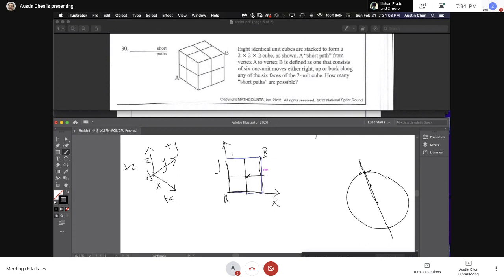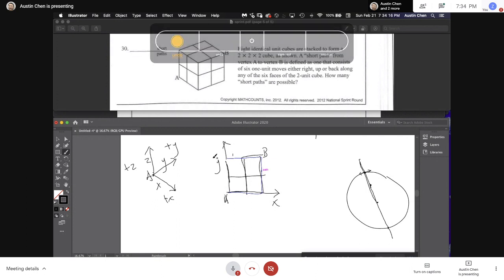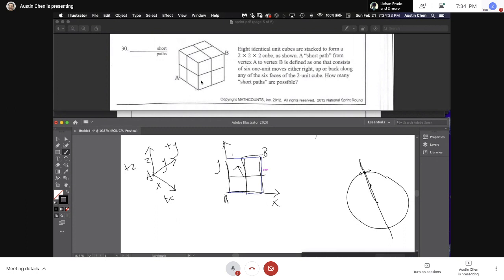If our path is something like this on the xy plane, we can't have positive z's coming out from this center vertex, because that would mean our path is going inside the cube, but we want to always travel along the faces. So we can't have a positive z in this middle point here. But as long as we don't have that, we're moving along the faces, and whatever combination we have is going to be valid.